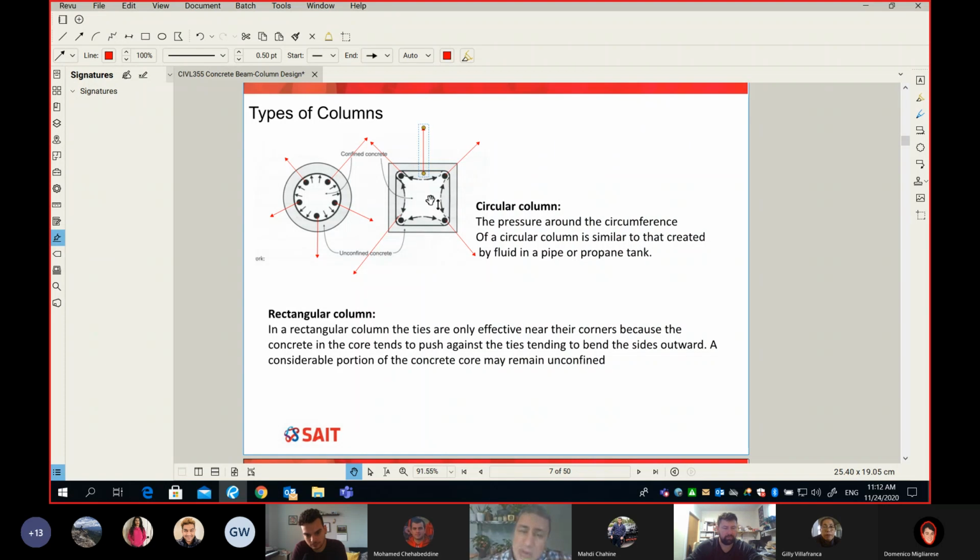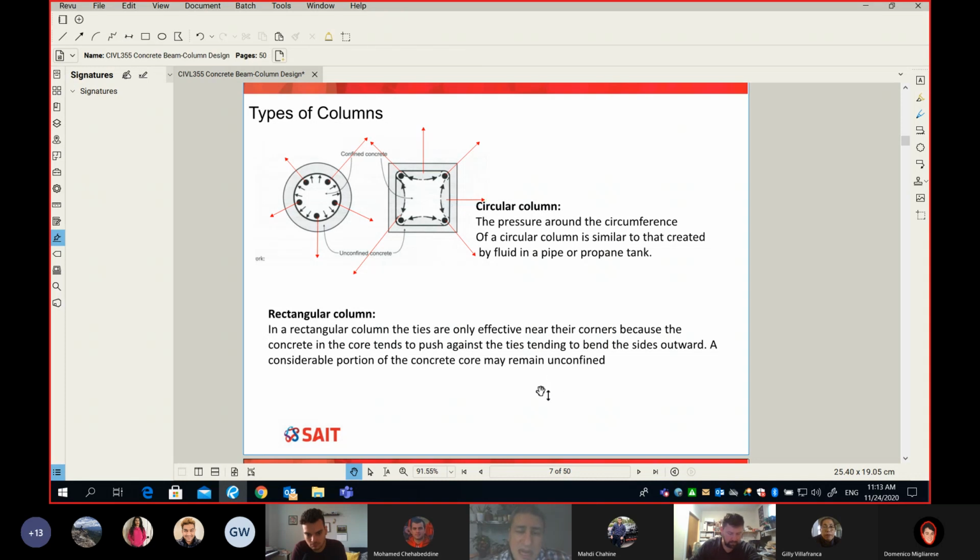If they are trying to buckle to the outside in those red arrow directions, they will cause tension to the tie. But if you have some other bars, not on the corner, but in between the corner bars, yes, they will have shear, but really what they have is they will bend.